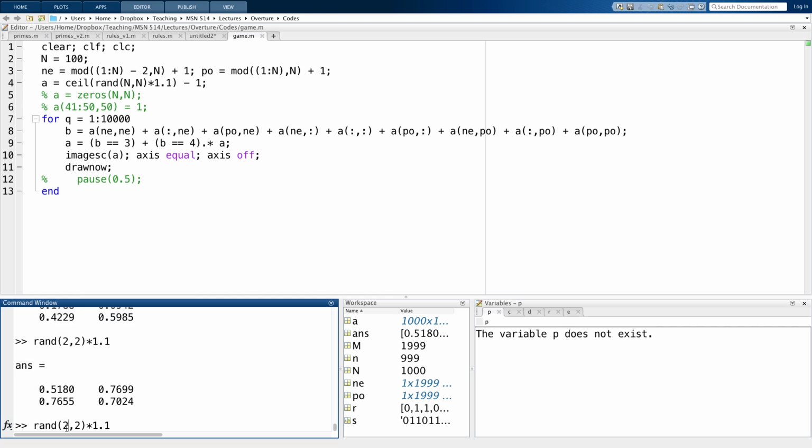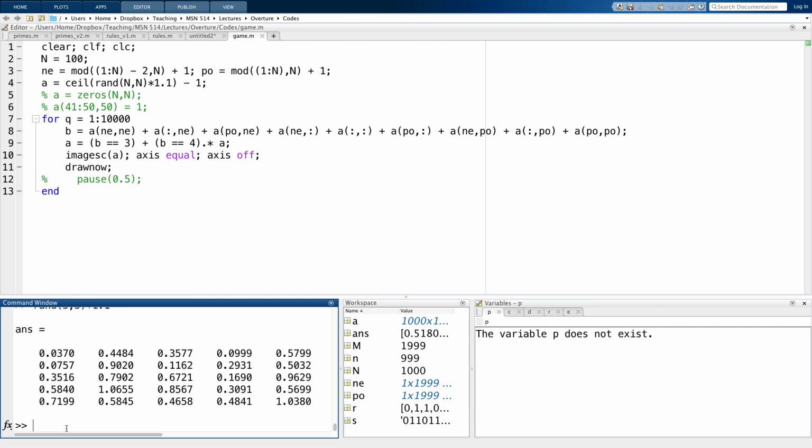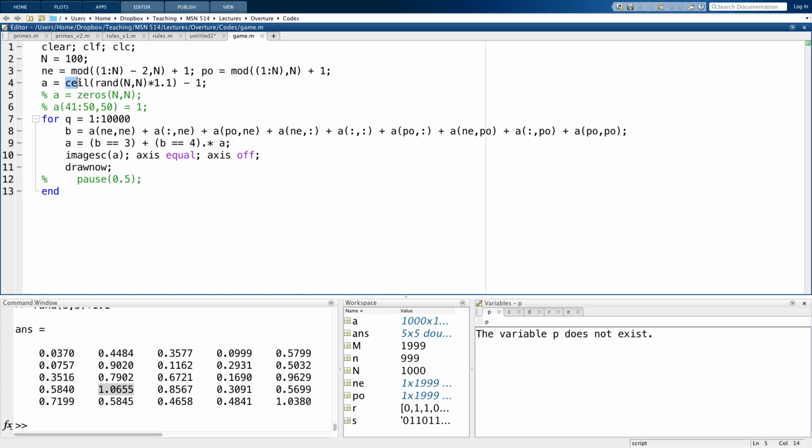Let's make a bigger one, 5 by 5. Some of them are bigger than 1, right? And this ceiling would put those bigger than 1s to 2, right? It would fill it up to an integer. The smaller than 1s will be filled up to 1, right?